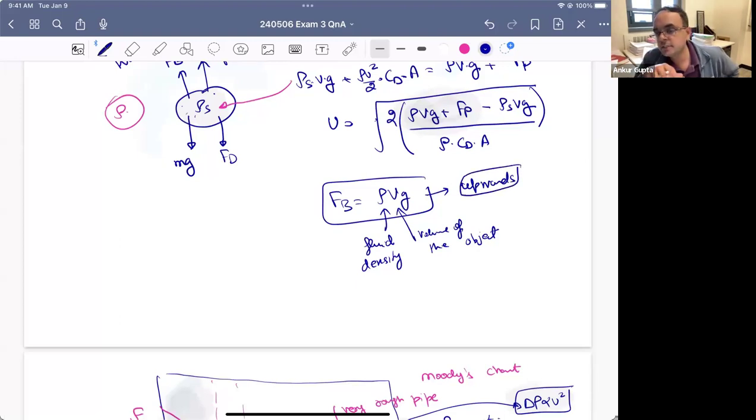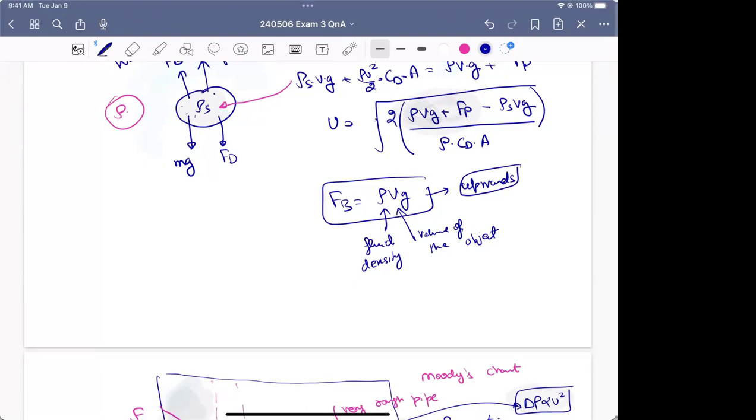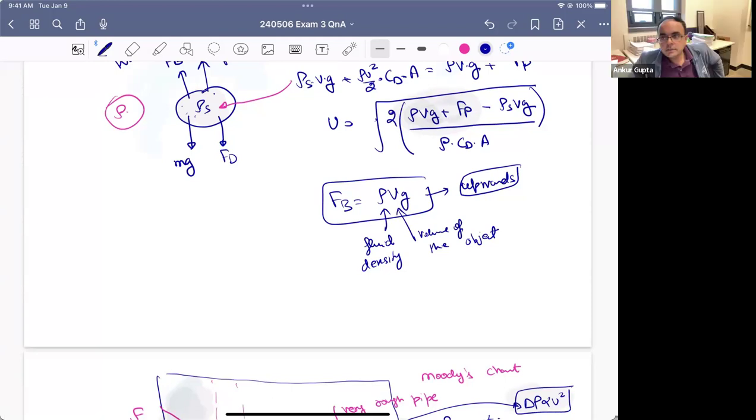That the buoyancy force is the weight of the fluid displaced and it always points upwards. So you can always use this regardless of the object shape. If I have a cube, you will say rho a cube g. If I have a cylinder, you will say rho pi d square by 4 times height times g, and so on. Make sense? Yeah, that makes sense. Okay, perfect. Other questions?